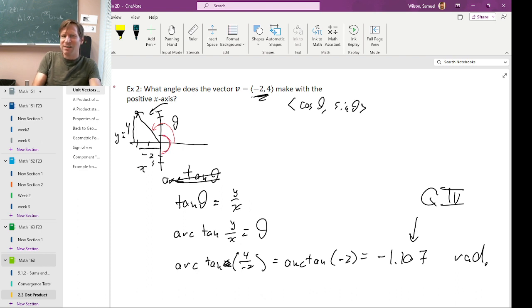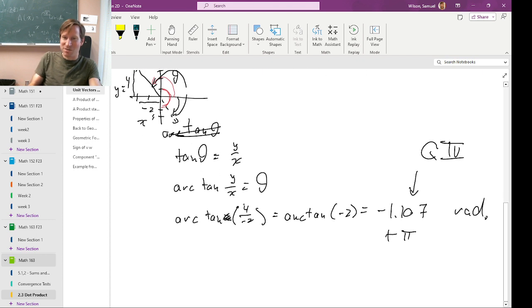So if your angle is in the other half plane, you just need to add pi to it, or subtract pi from it. So we got this angle down here in quadrant 4, so we just need to add pi to rotate that up to the quadrant we want. So add pi to that, and we get something like 2.0344.